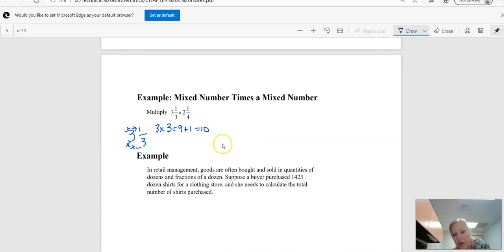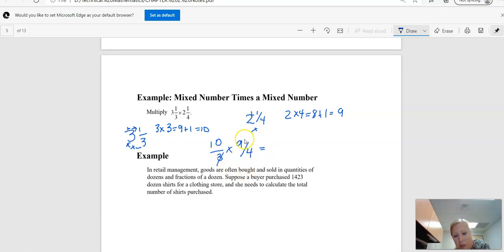So this fraction ends up being 10 over whatever your denominator already was. Okay, now let's look at our 2 and 1/4. So we're going to do 4 times 2 plus 1, which is going to be 9, and so our denominator stays the same, which is the 4.